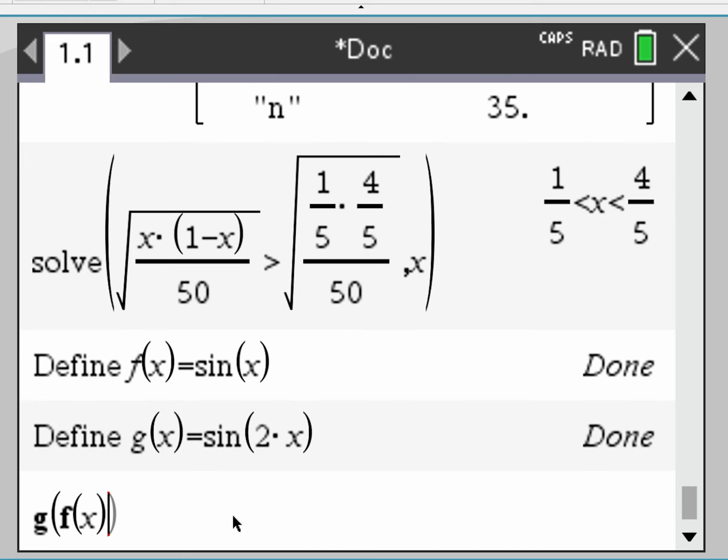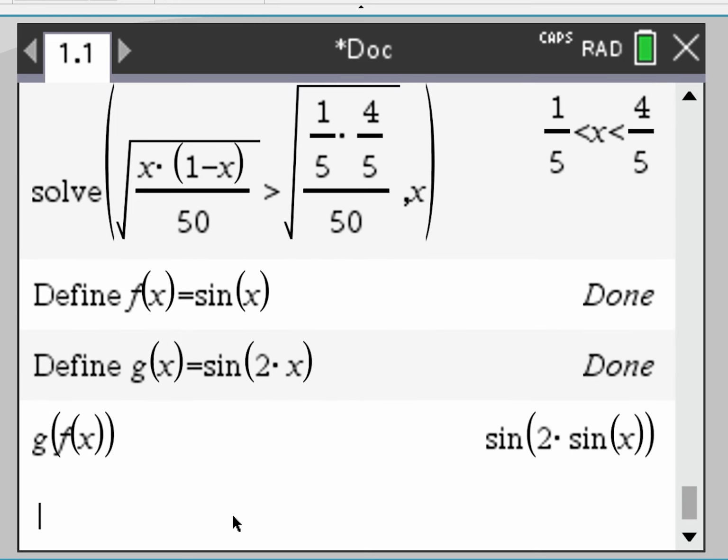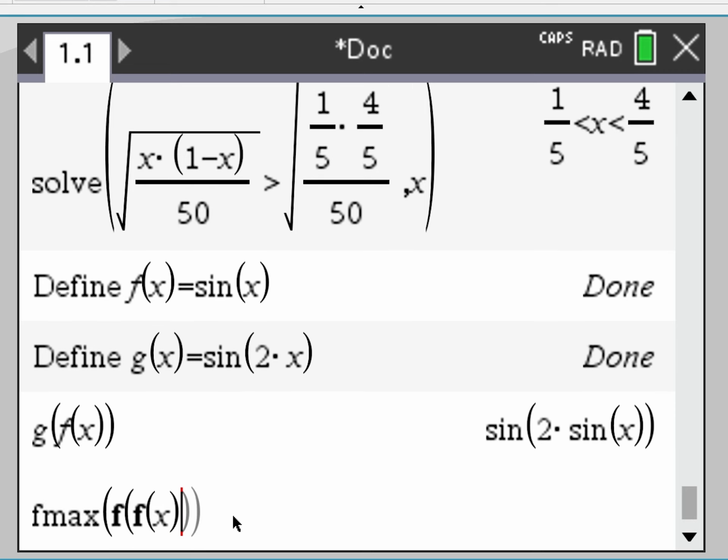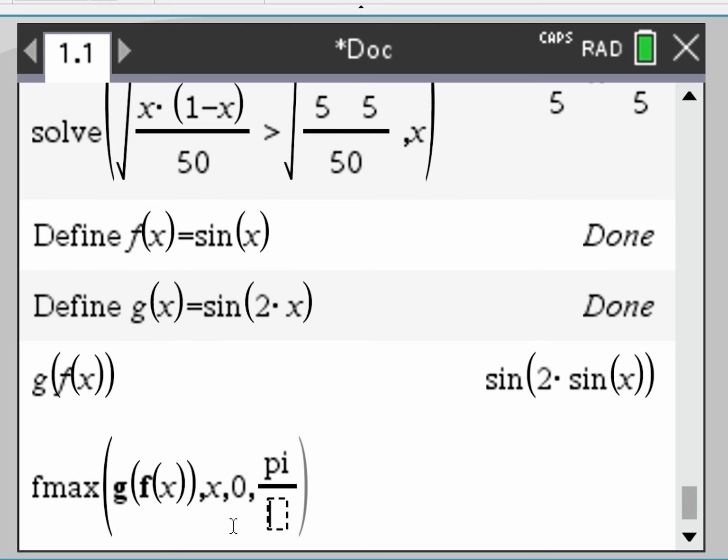g of f of x is this, okay? And we need to find the local maximum. What if I do fMax? Does that work here? g of f of x, comma x, comma 0, comma pi on 2.